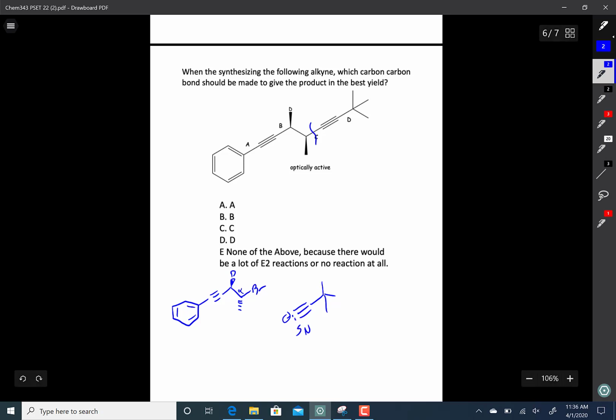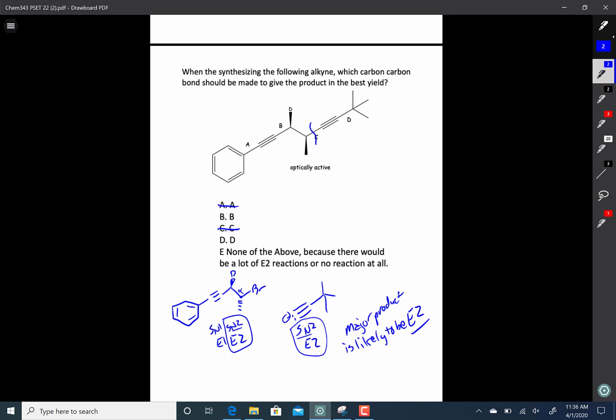This can do SN2 and E2. This secondary carbon can do all of them, SN1, SN2, E1, and E2. Well, SN2 and E2. You will get some of the SN2, but the major product is likely to be E2. So that eliminates C as our possibility.